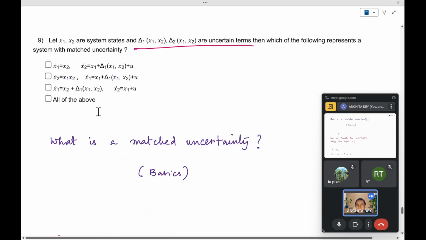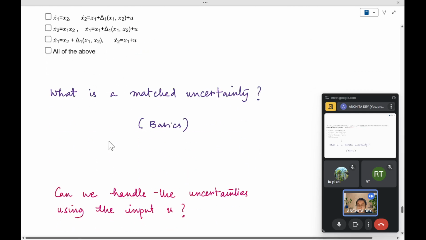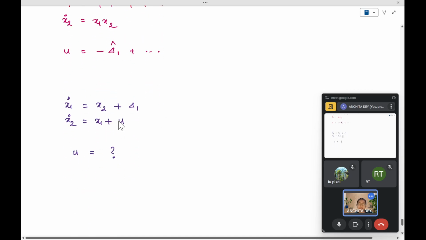So I think the example is just the indices are given in the opposite way, simply to confuse you all. If you write it in the proper state space form, then you see that u can again be written as minus delta 1 hat plus something, which is a matched uncertainty case. What about this?